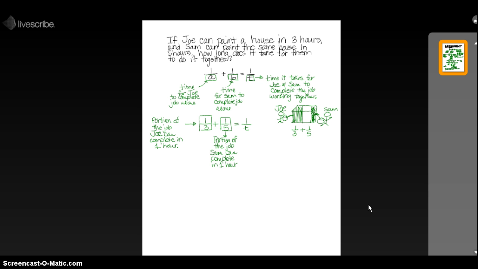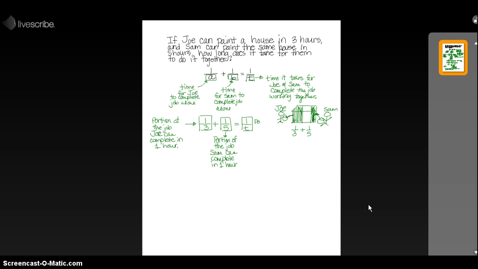So we can find out the portion of the whole entire house that they've completed after they've been painting on separate sides of the house for an hour. Now, what that means is if they are working together, which they are, what portion of the house together did they get painted in 1 hour? That's what this 1 over T is.